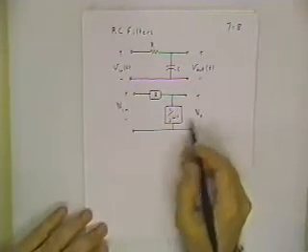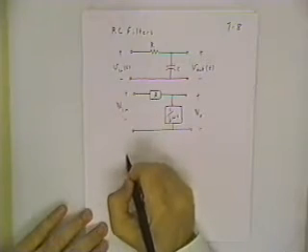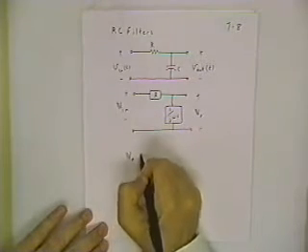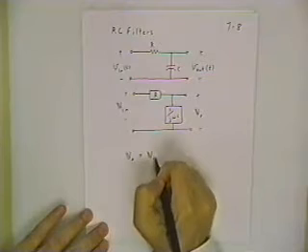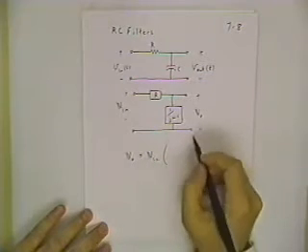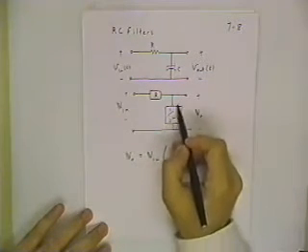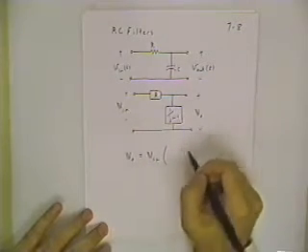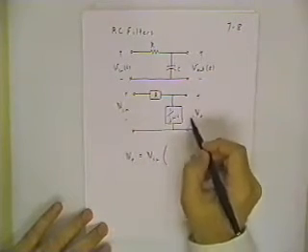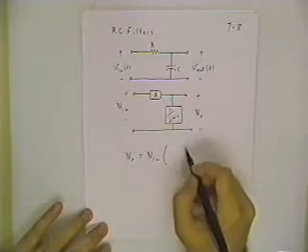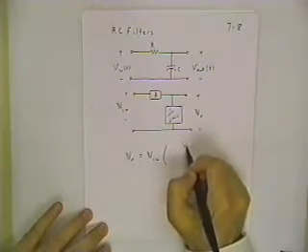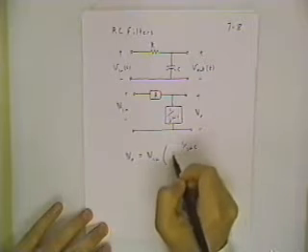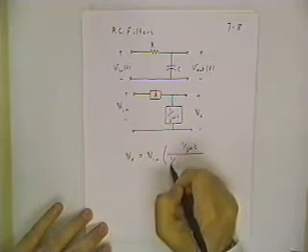It says if all I want is the output voltage and I know the input voltage, I can handle it this way. V out is equal to a fraction of the input, and that fraction is given by the impedance of this block divided by the sum of these two impedances. That's strictly analogous to taking R2 divided by R1 plus R2 in our resistor circuit. Just have to be careful with the j's.